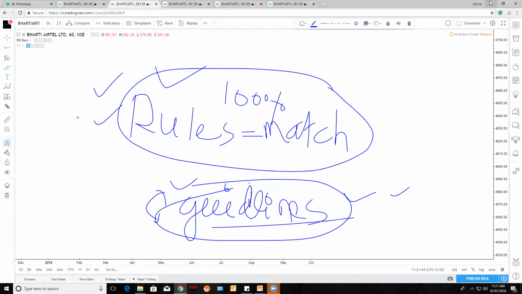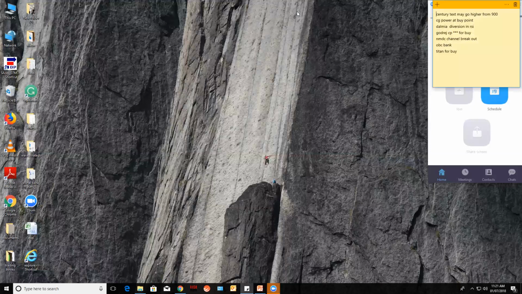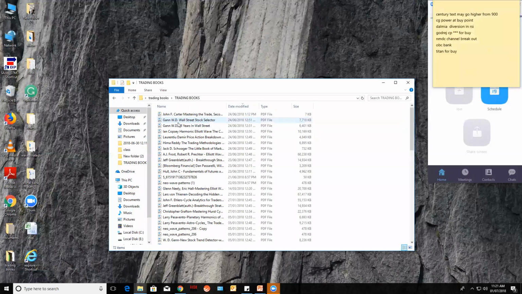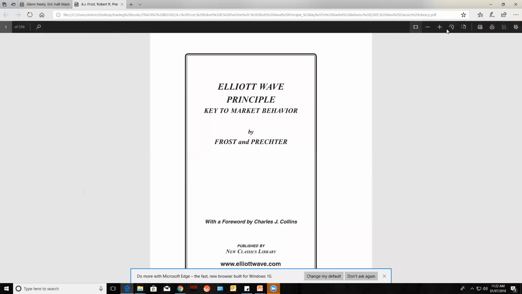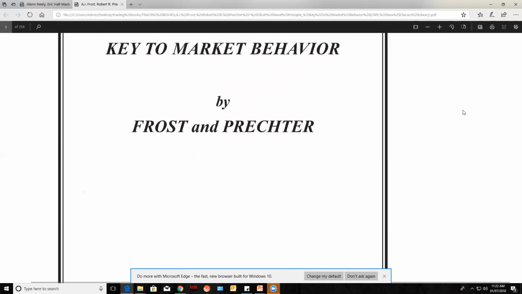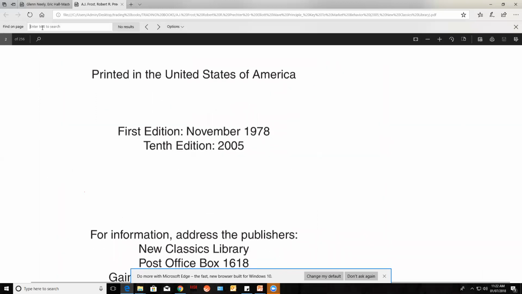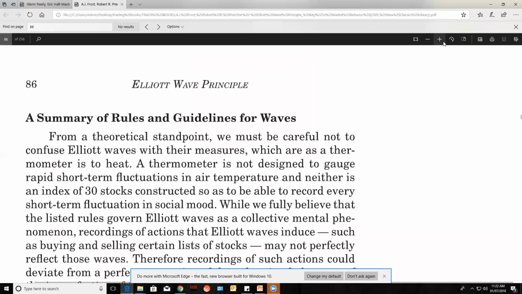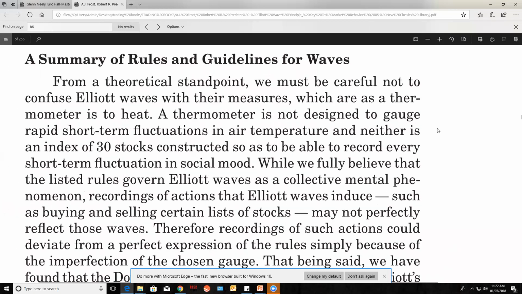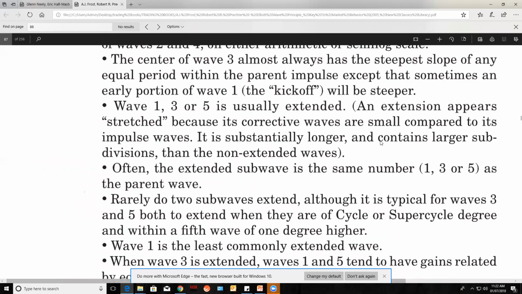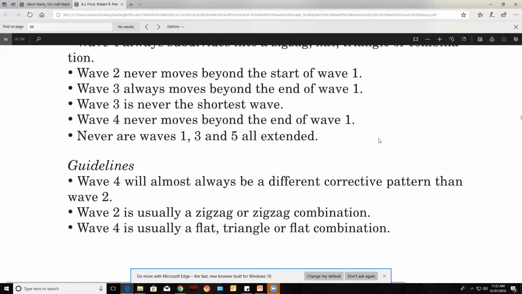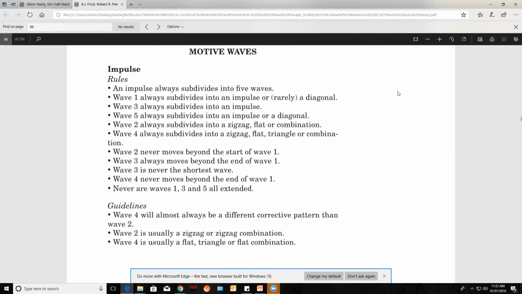I have the books and I will share them with you after this session. Is it visible to everyone?